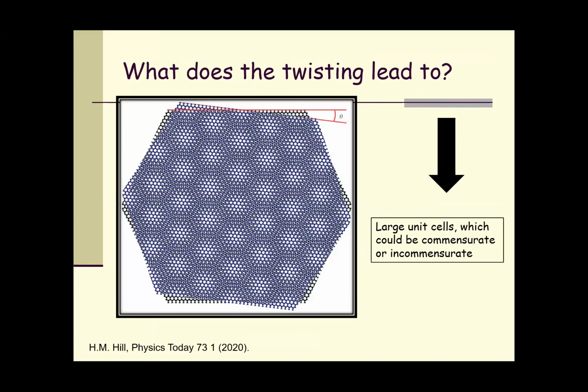Since it's a symposium where the main topic has been flat bands, I won't go into depth about it, but I want you to remember two aspects. When we twist the two layers with respect to each other by some angle theta, what do we really have at the end of it? We usually have very large unit cells, which could be commensurate or incommensurate.